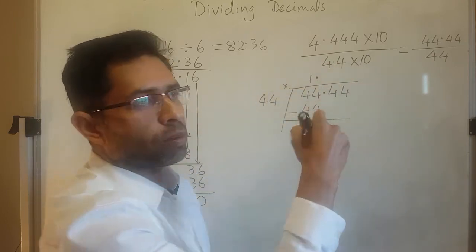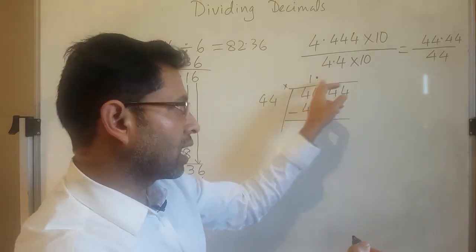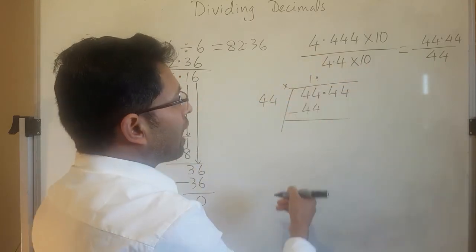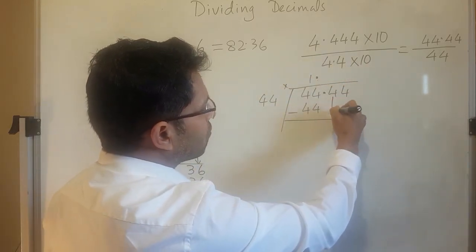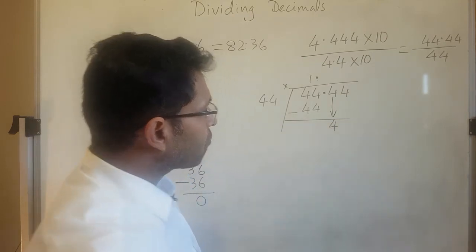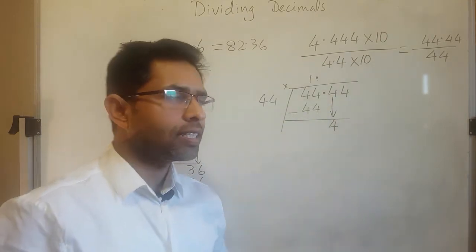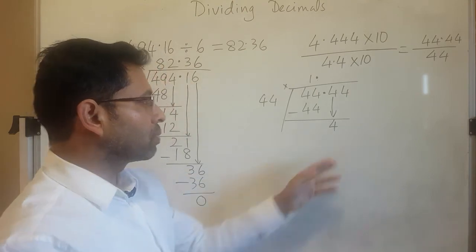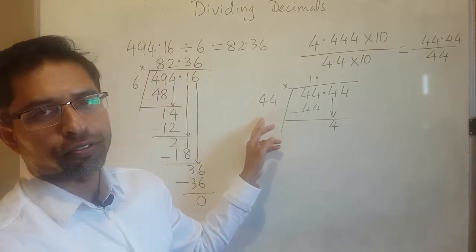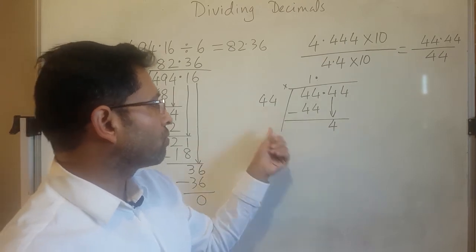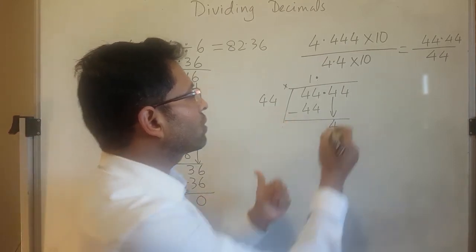So we put the decimal in our quotient, the answer part, and then we are allowed to bring that 4 down. But unfortunately it is still not working because this 4 is smaller than 44, so we can't divide 4 by 44.